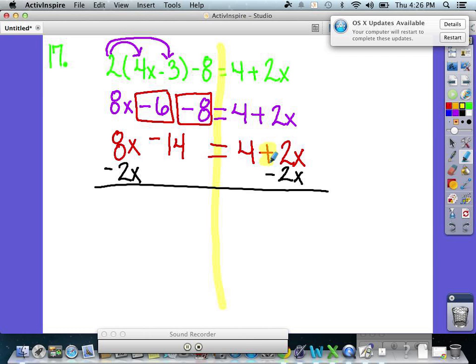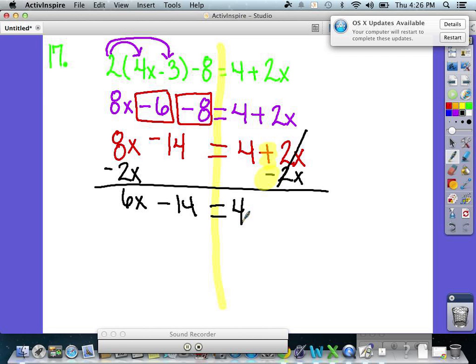This is positive, so this has to be negative. 8 minus 2 will give us a positive 6x. Bring everything else down, including your equal sign. That canceled out, so the only thing we have left on this side is 4.